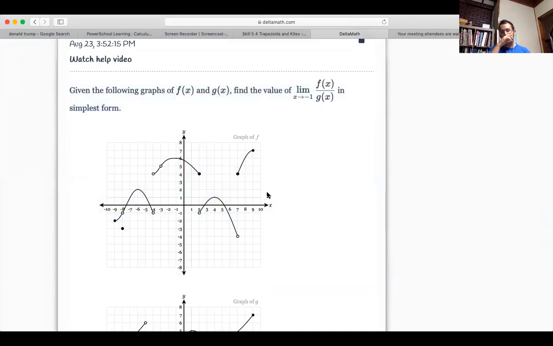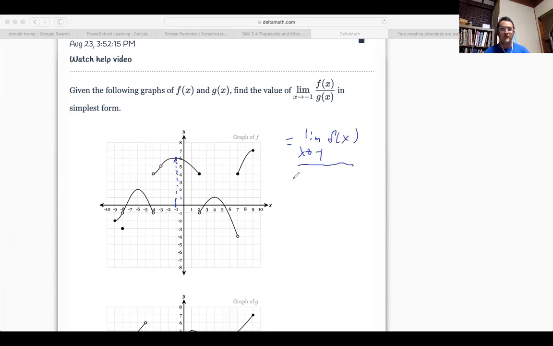We're first going to look at the graph of f of x, and I'm going to use my annotate tool here. So here's f of x, and here is -1. What I notice is it is nice and continuous. So I'm going to break this into the two separate limits. I have the limit as x approaches -1 of f of x over the limit as x approaches -1 of g of x. For f of x, I get 6.